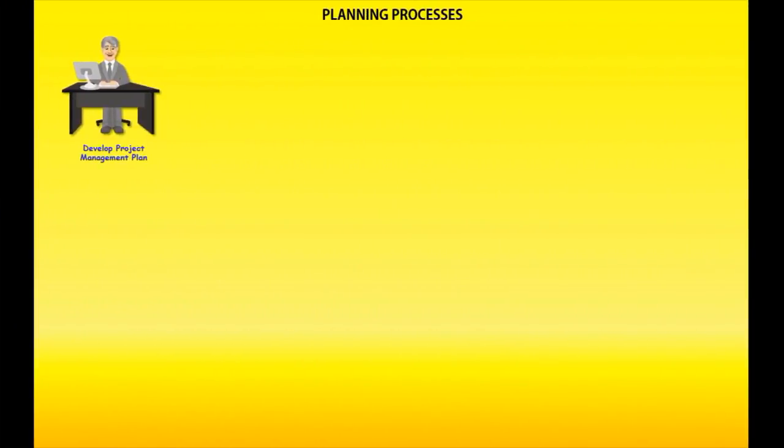Baselines establish what we are aiming towards on the project. We could have a scope baseline that outlines all the work to be done. We could have a schedule baseline which outlines the start and finish dates of all of the tasks and the project as a whole. And we could also have a cost management plan and a cost baseline. The cost baseline defines how we should be spending the budget incrementally through the project.